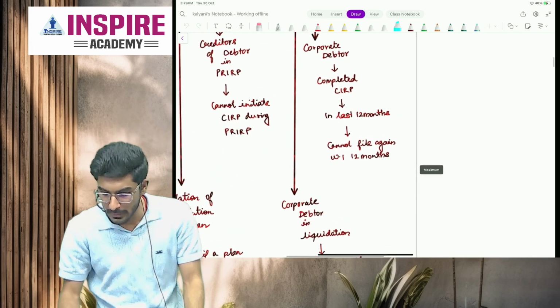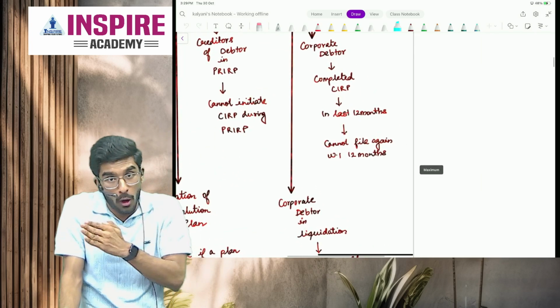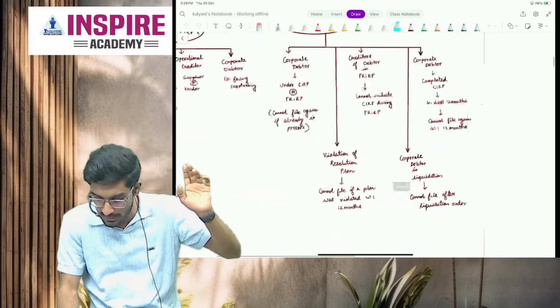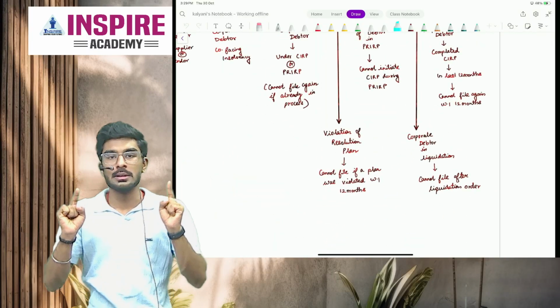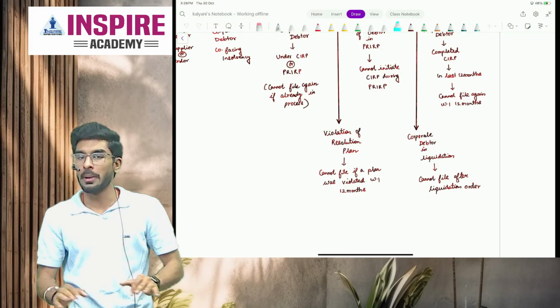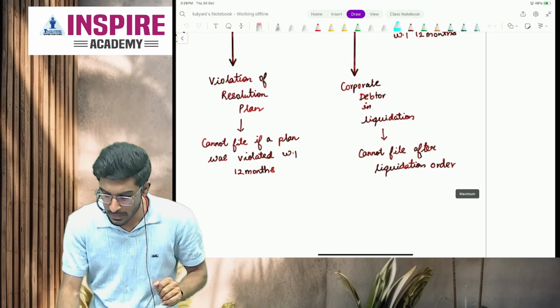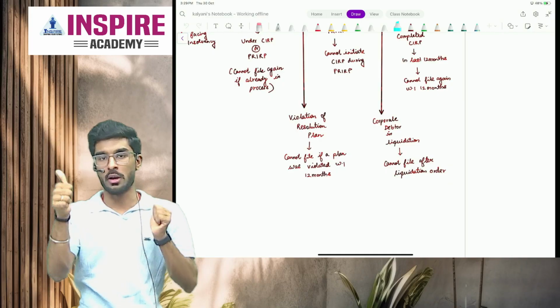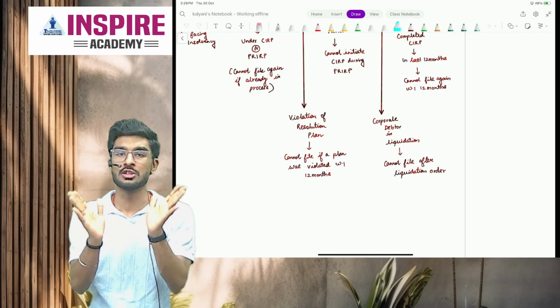Number three, a corporate debtor who has already completed CIRP in the last 12 months. You cannot initiate CIRP. Next, if the CD has violated a resolution plan, you cannot proceed forward. Next is a corporate debtor in liquidation. Once a liquidation order is given, you cannot again initiate CIRP.